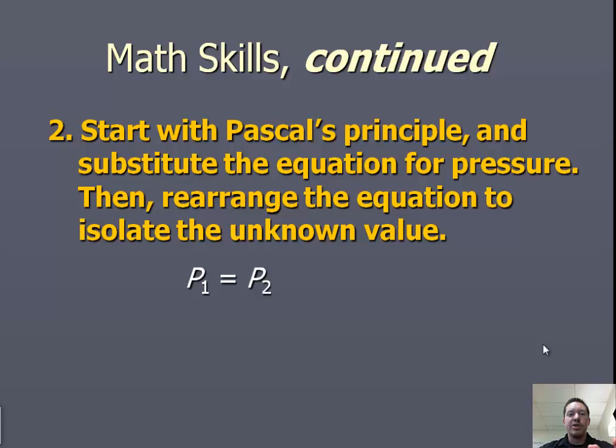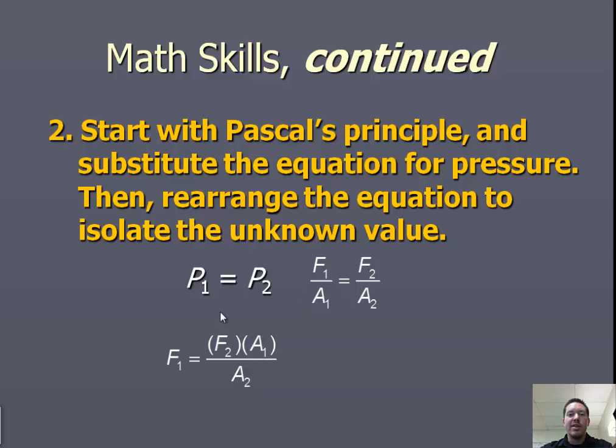So we said that pressure 1 is equal to pressure 2. We can rearrange that to say force 1 divided by area 1 is equal to force 2 divided by area 2. Or we can rearrange the equation to solve for what we want. We want to solve for force 1. So we multiply both sides by area 1.